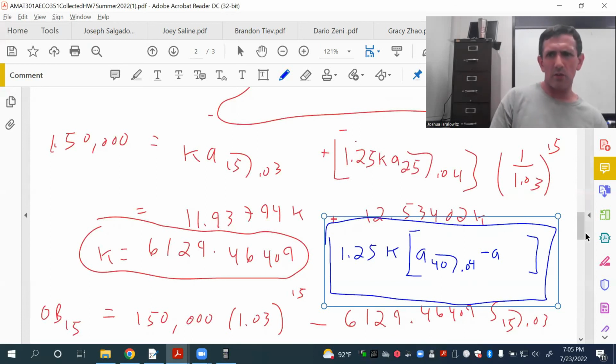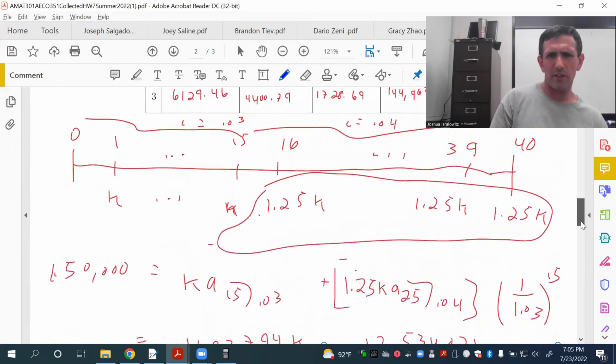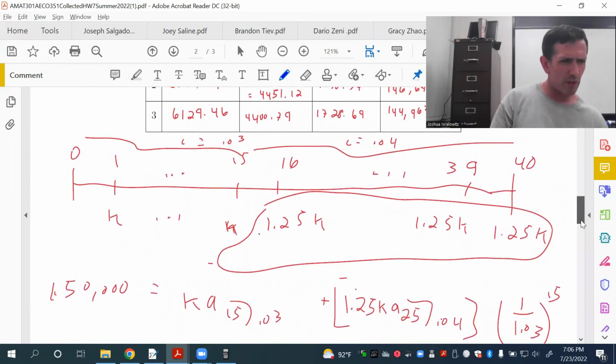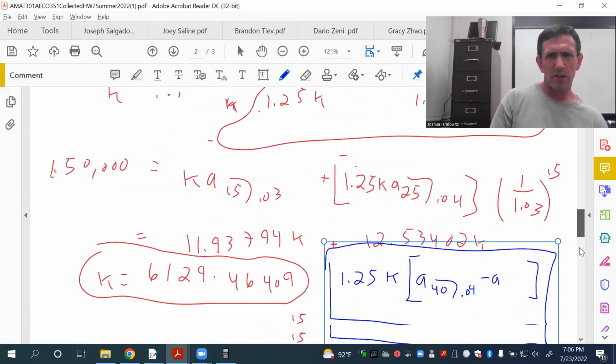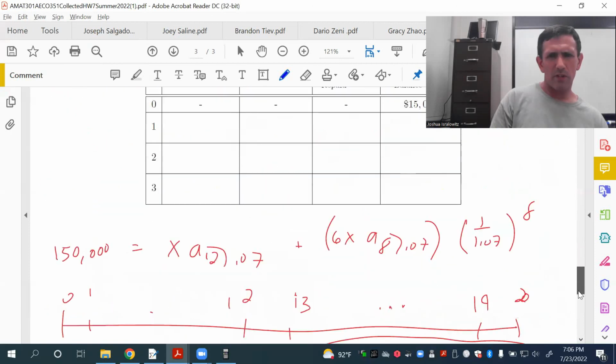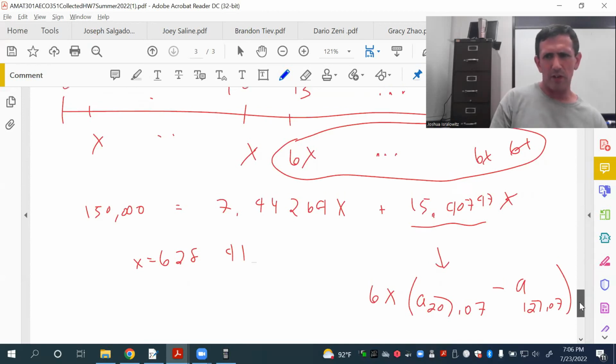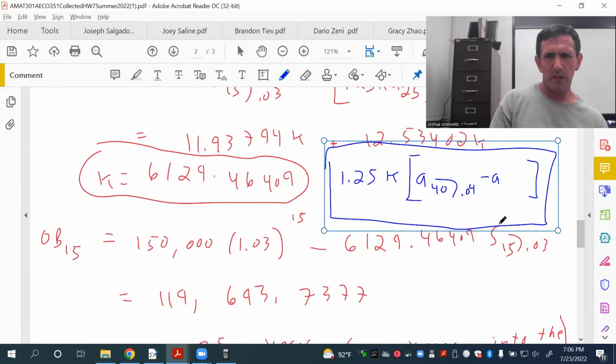All right, so here K is 15. About that. So it'd be A_40.04 minus A_15.04. Let's see what that is.